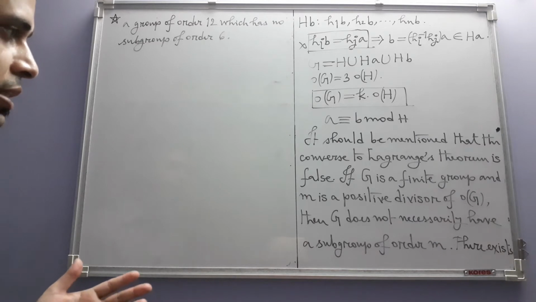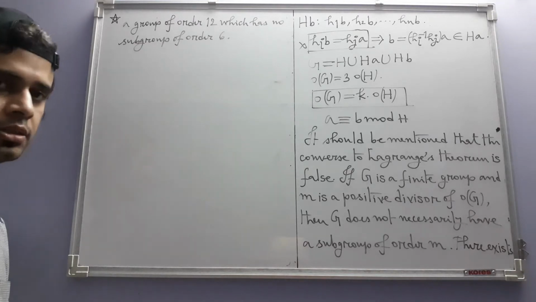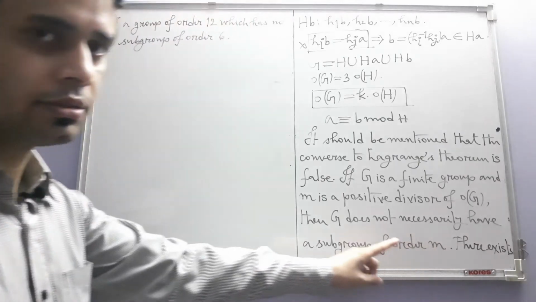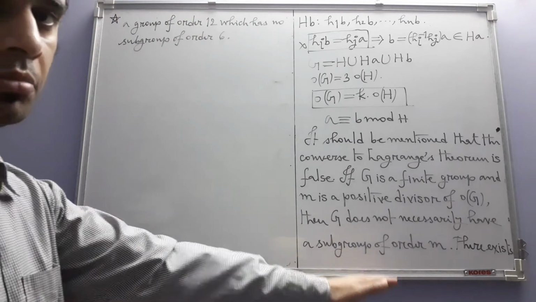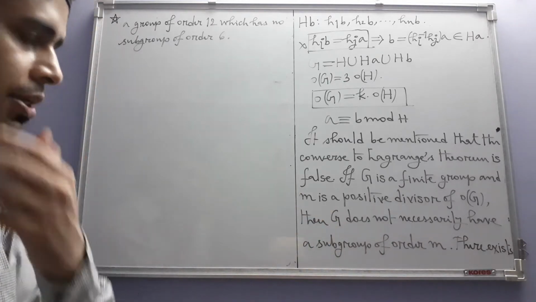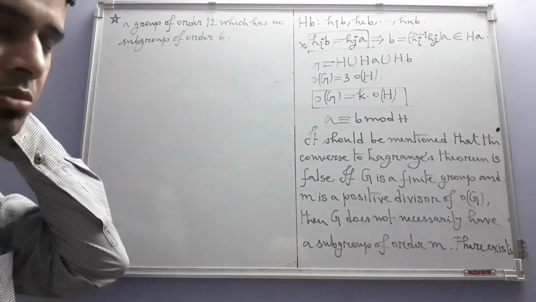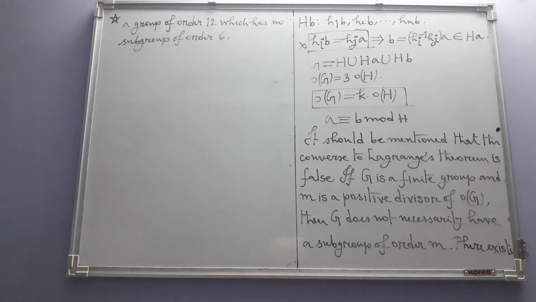However, towards the end of group theory in this book, we will see a sort of partial converse. I mean, if you take any M, then it's not necessary that G has a subgroup of order M. However, if you take special types of M, then there exist some subgroups. We will see that in Sylow's theorem.